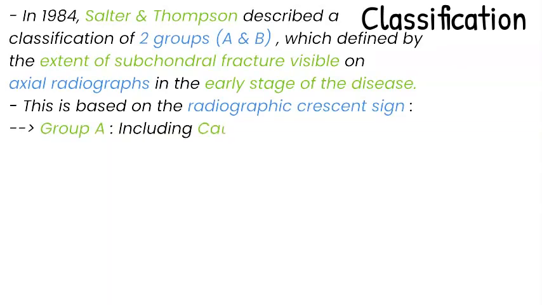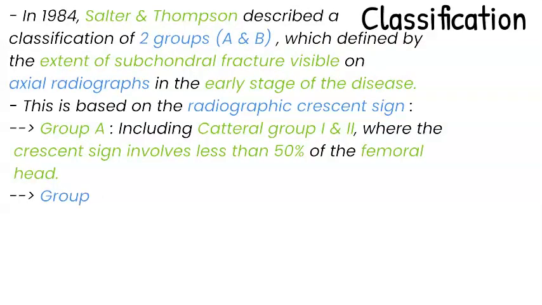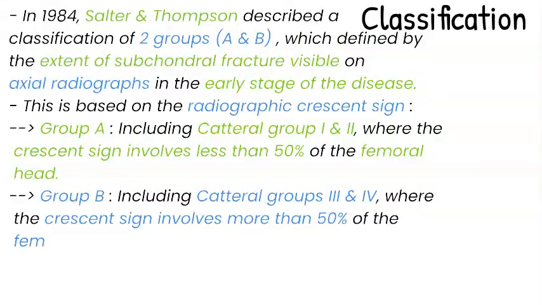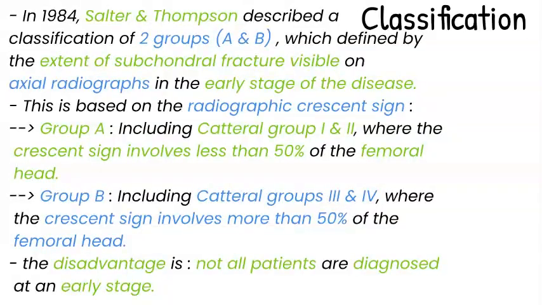Group A, including the Catterall group 1 and 2, where the crescent sign involved less than 50% of the femoral head. Group B, including the Catterall group 3 and 4, where the crescent sign involved more than 50% of the femoral head. The disadvantage is not all patients are diagnosed at an early stage.